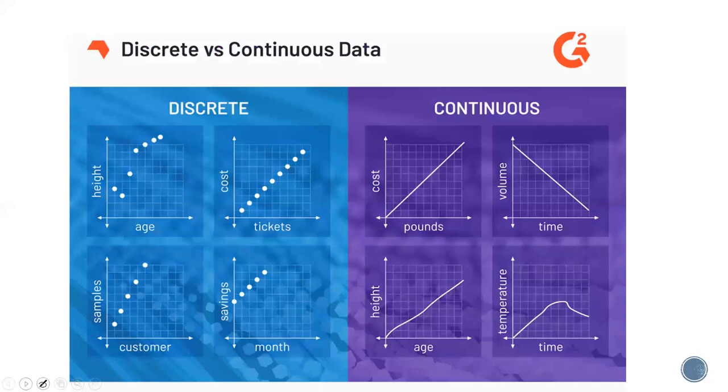Next, we are going to look at this diagram, this graph of discrete random variables and continuous random variables data.